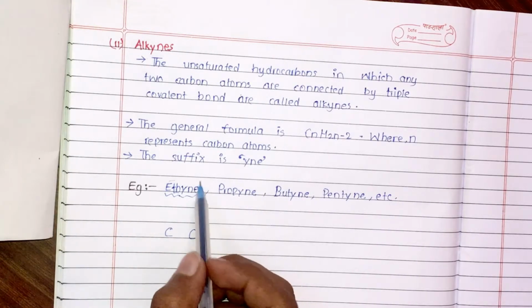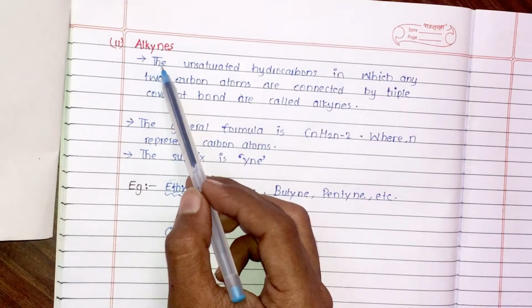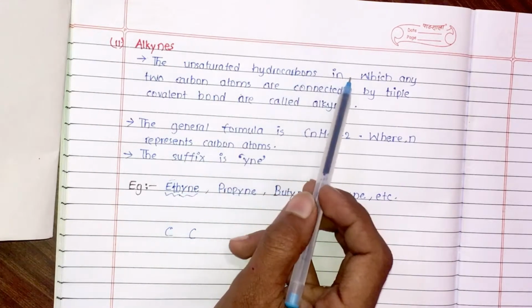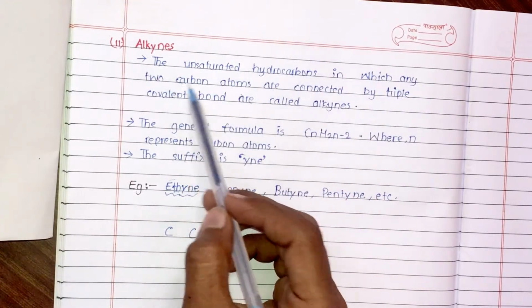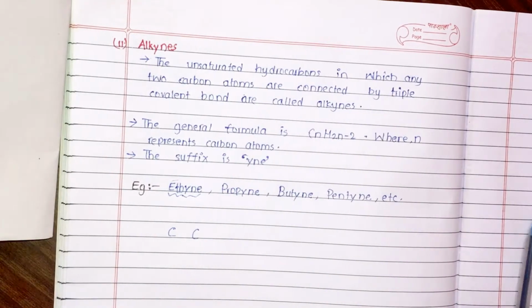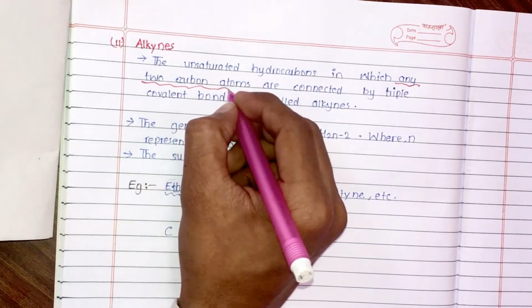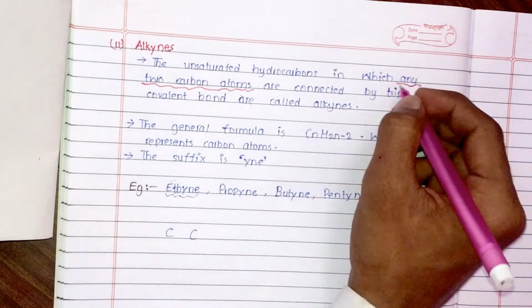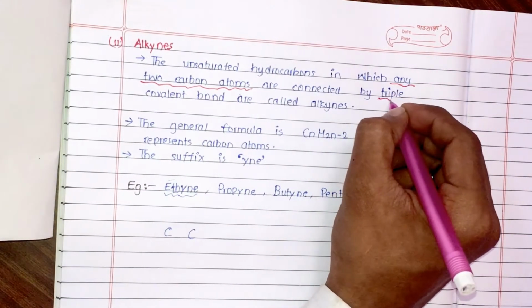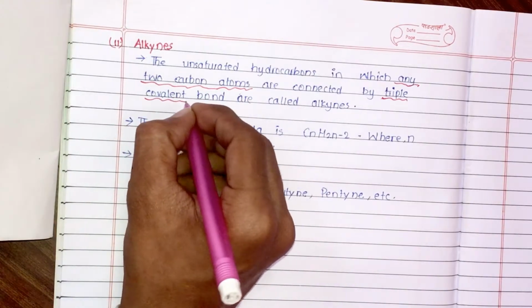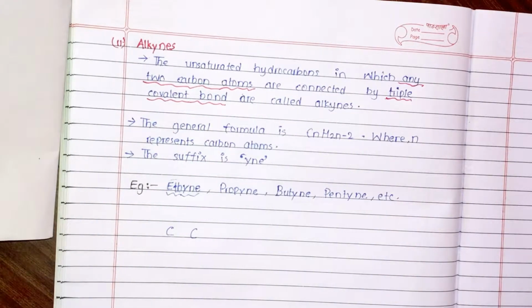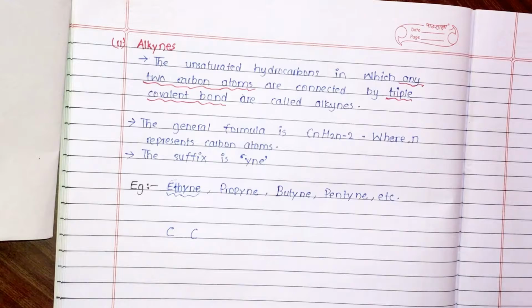And according to the definition, what is here? The unsaturated hydrocarbons in which any two carbon atoms, remember, any two carbon atoms are connected by a triple covalent bond.